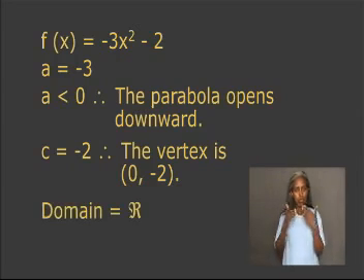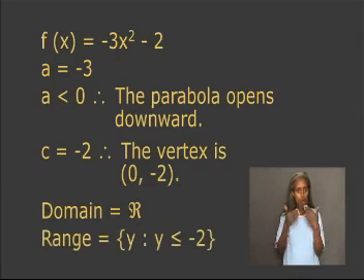The domain is all real numbers. The range is all values of y, where y is less than or equal to negative 2. Were these your answers? Well done, students. Today, we learned about functions that take the form f of x equals ax squared plus bx plus c.